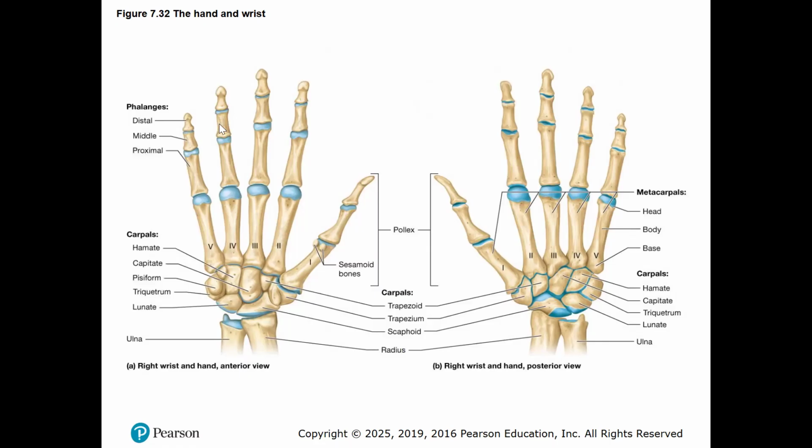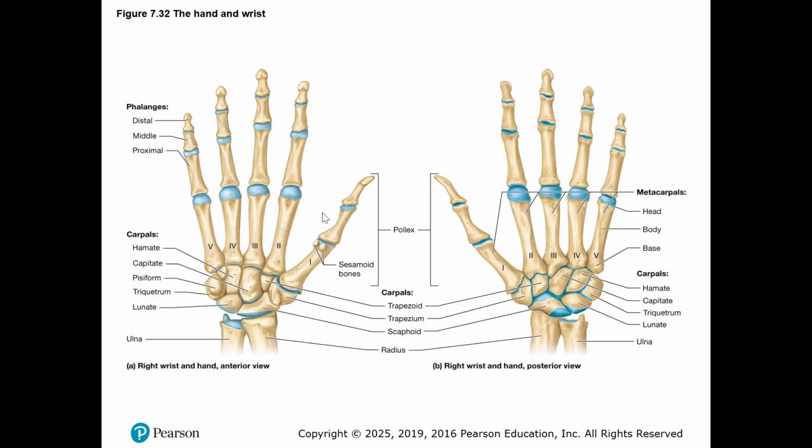So say I accidentally broke this bone right here. How would you describe that, excluding the type of fracture? We're not going to talk about that, but how would you describe that bone? Correct, it would be the middle phalange of digit number 4.